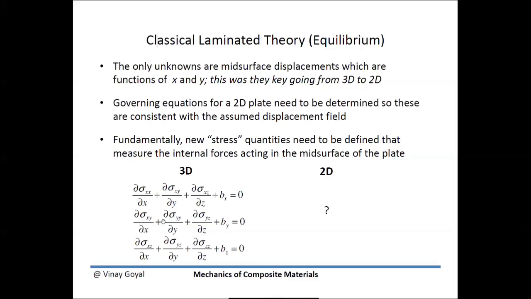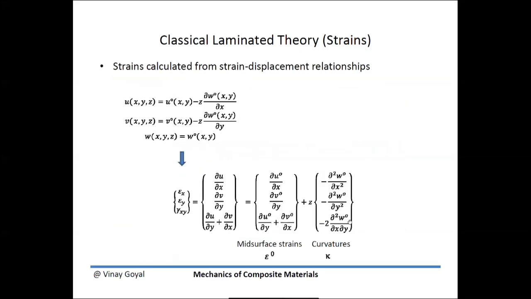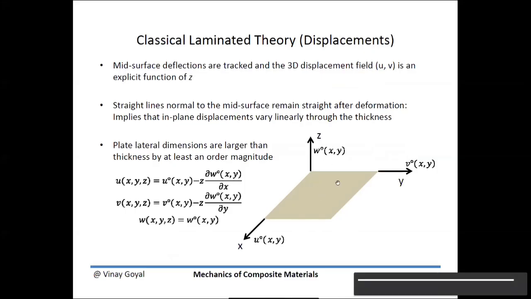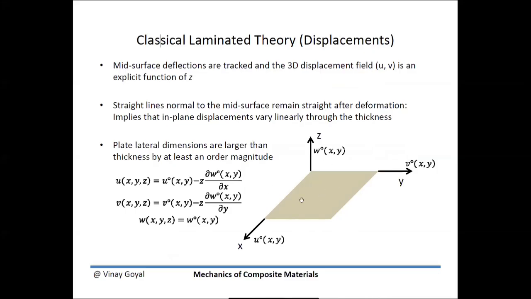Recall that stresses are quantities that are reacting external loads applied to the structure, and those stresses can be drawn on a representative cube, and we can then determine what stresses are reacting these external loads. But now that I have a 2D representation, it becomes a little more complex. What does it mean for this problem where we're now just tracking the mid-surface?